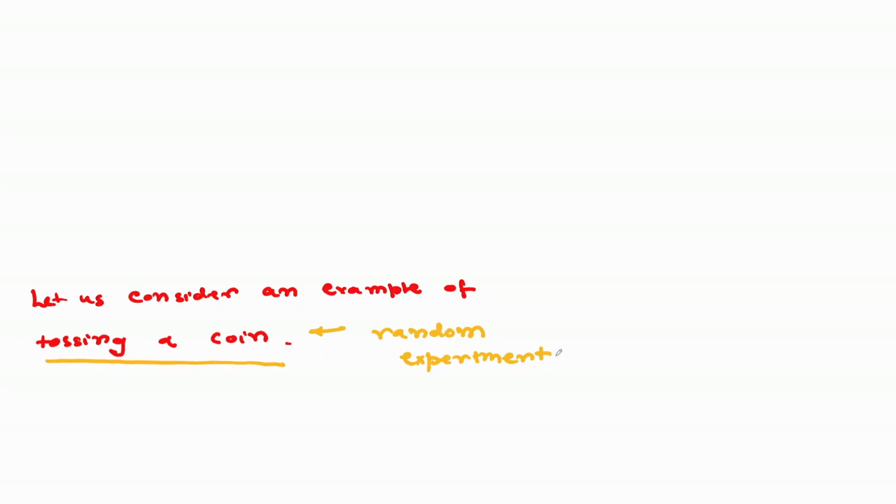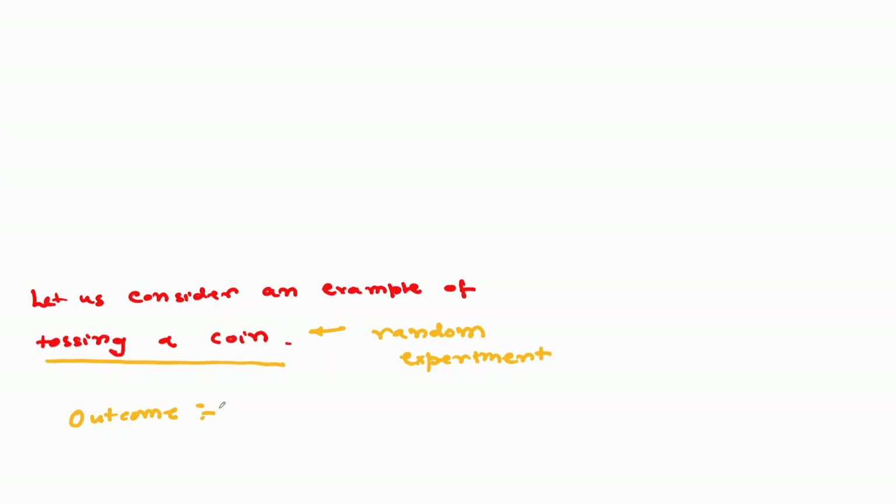Any experiment I will have an outcome. That outcome I might be able to predict, I might not be able to predict. In a random experiment, I will not be able to predict with certainty. I might be able to predict with certain probability, right. So, for a random experiment, there is an outcome.